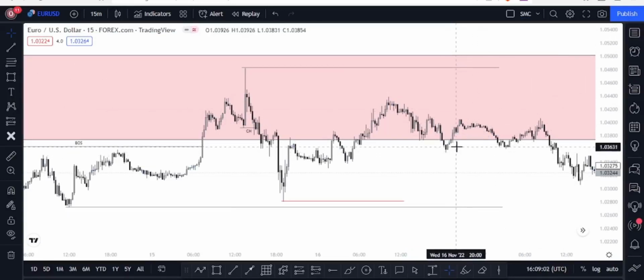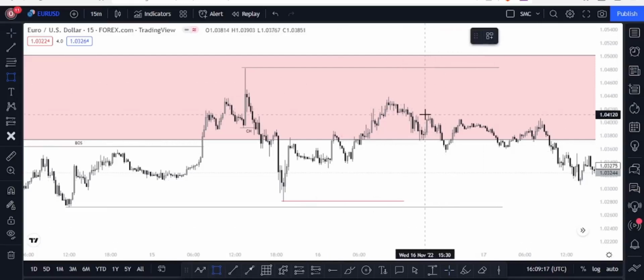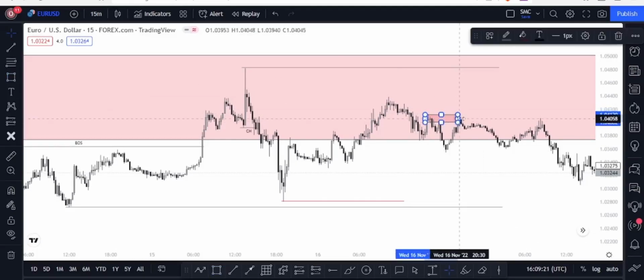Okay, and therefore price now took out that liquidity there and bumped into this OB. Take a look, guys. It bumped into this OB. This was a perfect trade setup that you could have taken last week if you understood structure and liquidity.